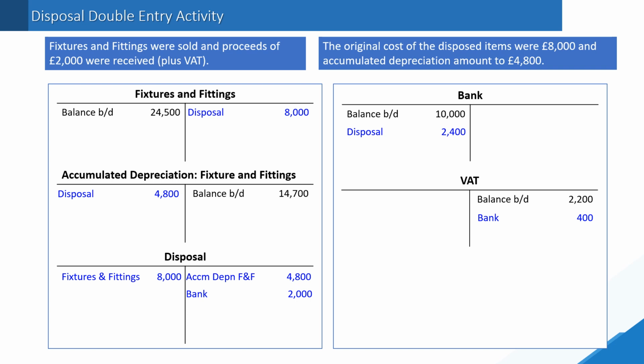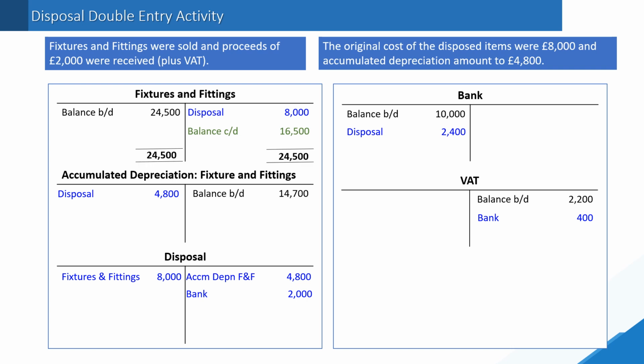Once we've done our accounting entries, all we need to do then is to balance and clear these accounts in the appropriate way, ready for the year end. We will do that to the fixtures and fittings account by showing a balance carried down of 16,500.